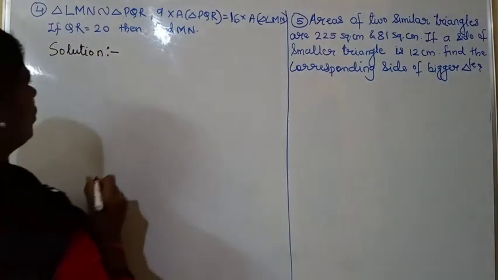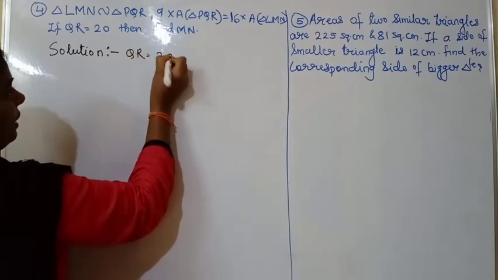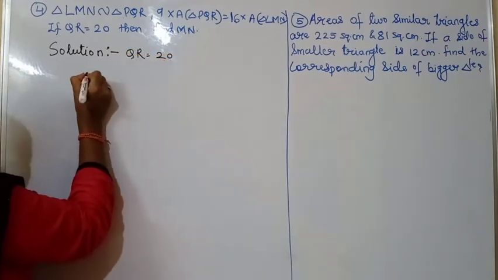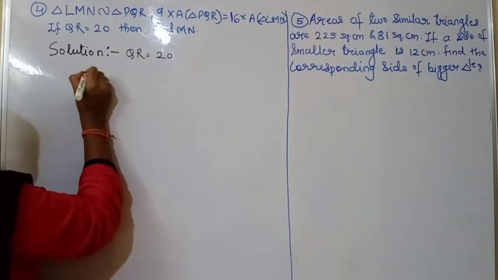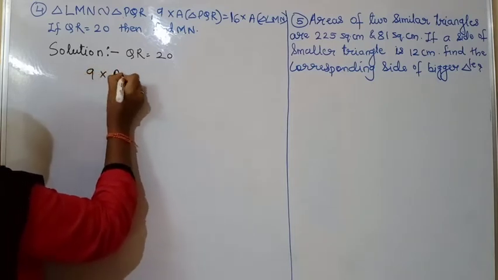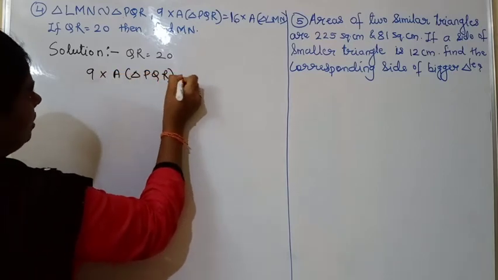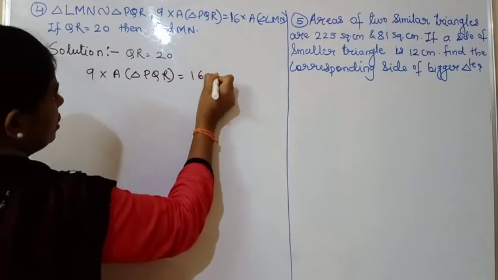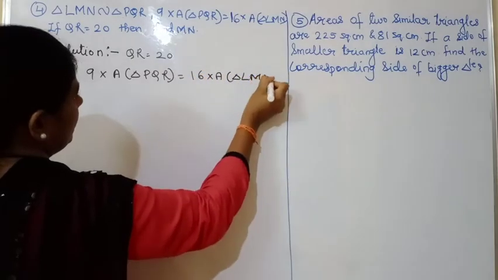Okay. See now what is given here. First of all, QR is equal to 20. Okay. And second thing that is given, that is 9 into area of triangle PQR is equal to 16 into area of triangle LMN.